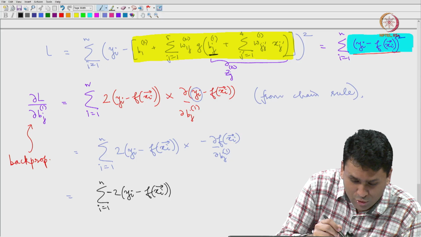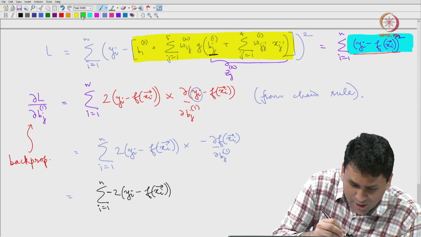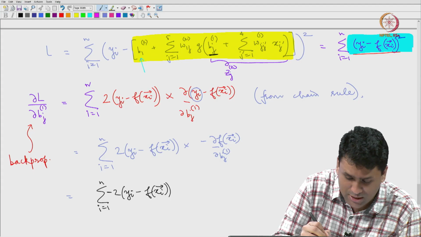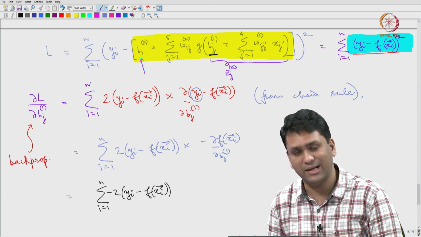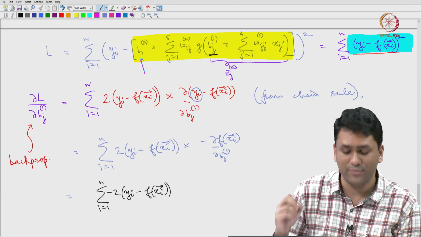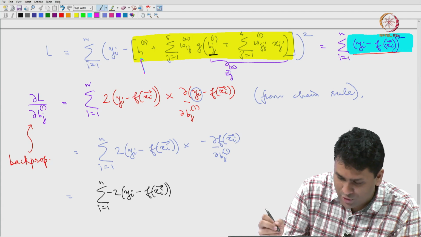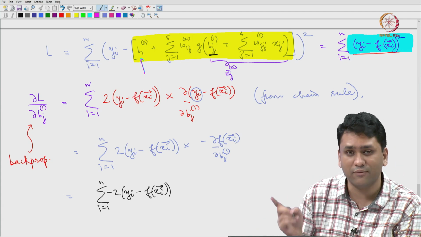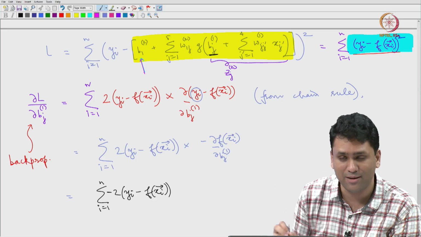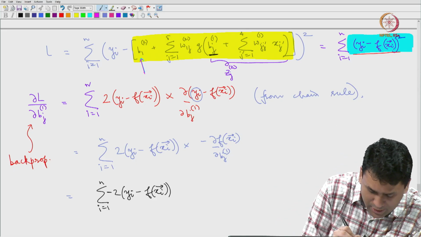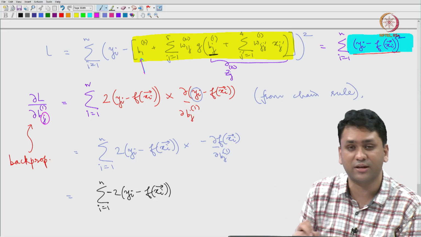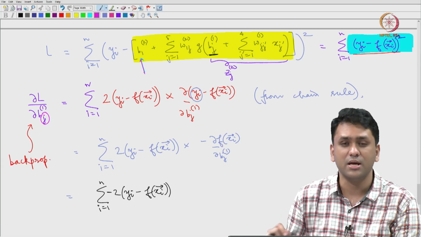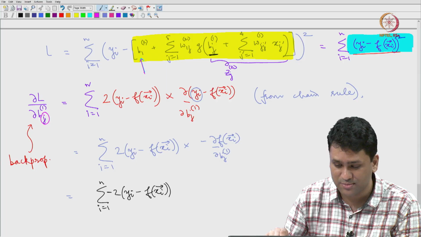When you go term by term, the first term here will not contribute anything when you are taking the derivative with respect to bj1. Then you will come to this summation, and even in that summation only one term will contribute, which actually has that bj1, because we are now taking the derivative with respect to a specific j. So, j has to be either 1 or 2 or 3 or 4 or 5, and you are taking a derivative with respect to that specific bj.